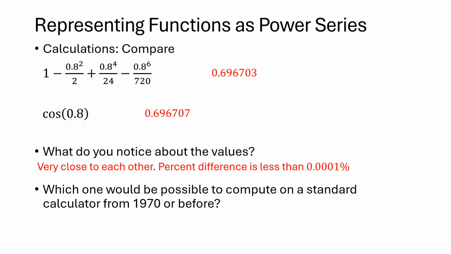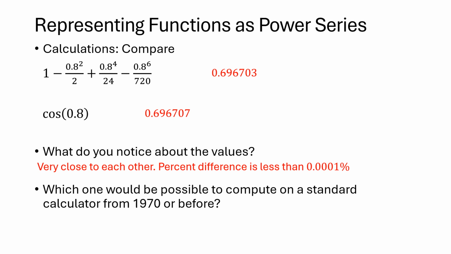And as a result, it gives us a result that is within 0.0001% of the actual value. That shows you how accurate power series can get, albeit this is accurate because the number is close to 0.